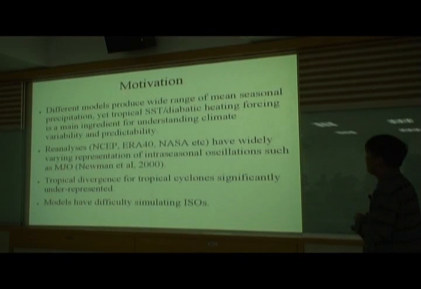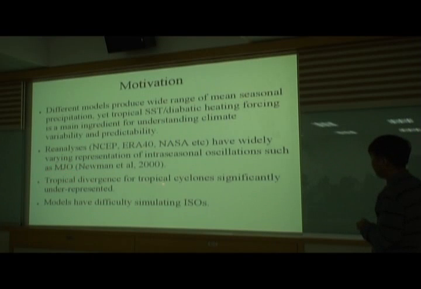So our motivation is that different models produce a wide range of mean seasonal precipitation. Yet tropical SST, direct heating or forcing is a main ingredient for understanding climate variability and predictability. Reanalyses have widely varying representation of ISO, such as MJO, and furthermore, MJO is a convectively coupled signature. So we hope that if we assimilate precipitation into reanalysis, we can improve the MJO signature.